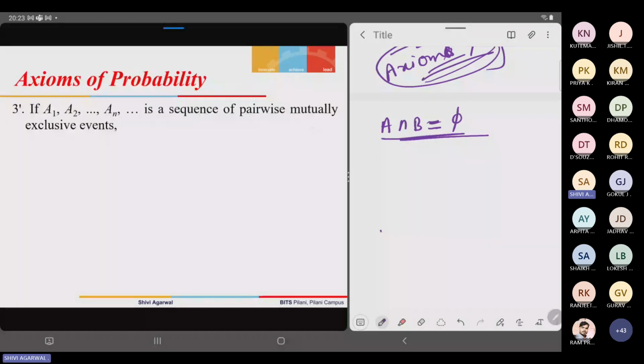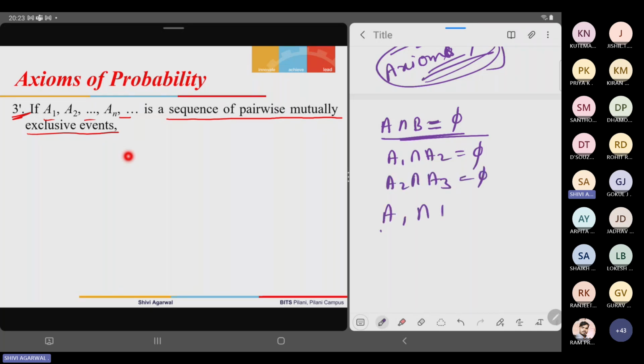Now we can extend this third axiom. It is denoted by 3 dash. A1, A2, up to An is a sequence of pairwise mutually exclusive events. Pairwise means A1 intersection A2 is the null set, A2 intersection A3 is the null set, A1 intersection A3 is the null set, and so on.